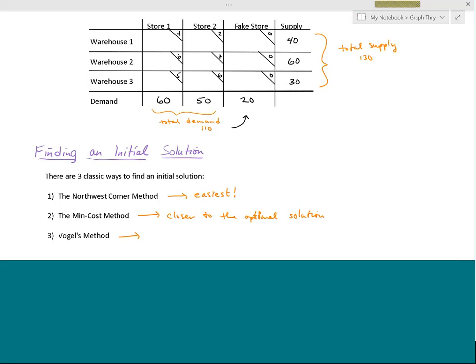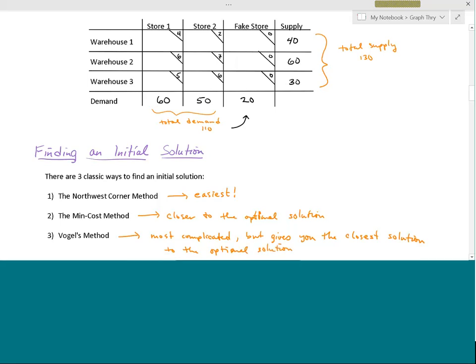This one is the hardest of all, the most complicated, but it gives you the closest solution to the optimal solution.